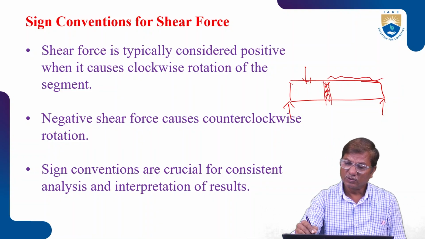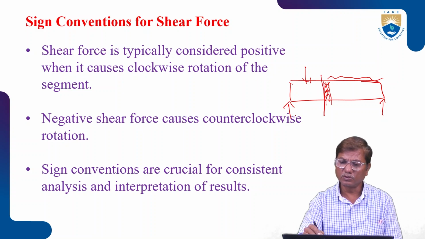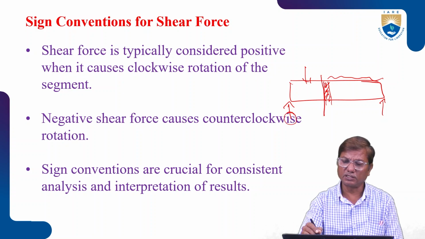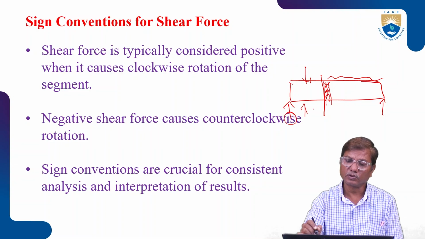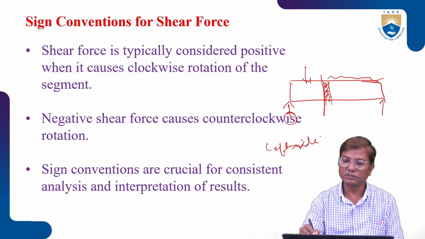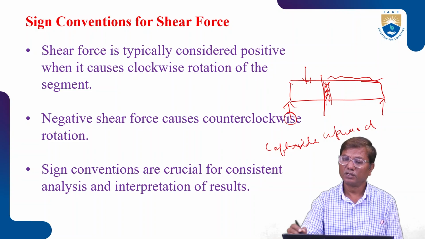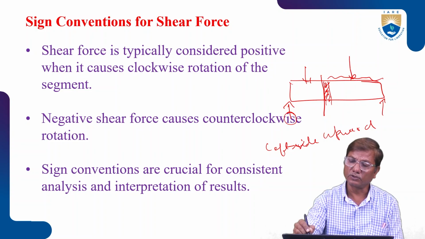Now to calculate shear force at this section, if the forces on the left side are upwards, they are considered positive. Left side upward forces are considered positive, and right side downward forces are considered positive.